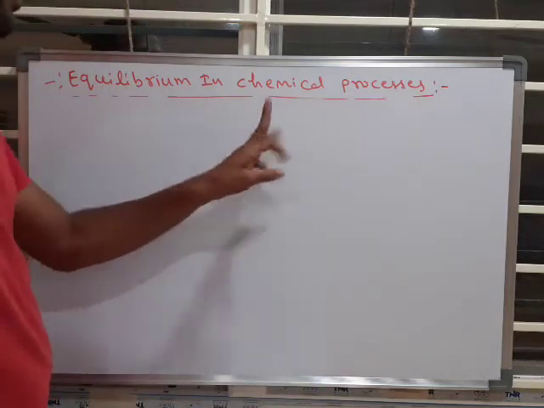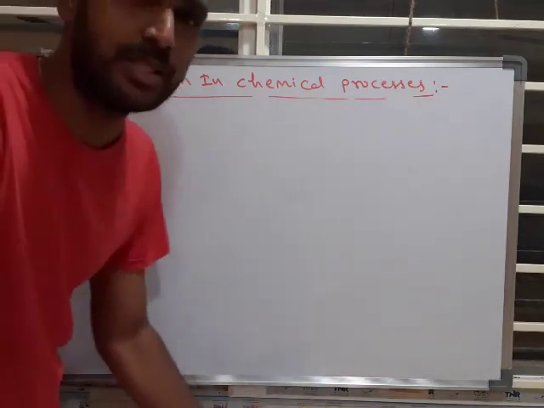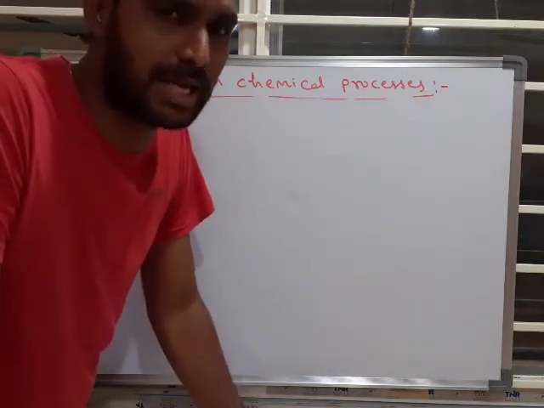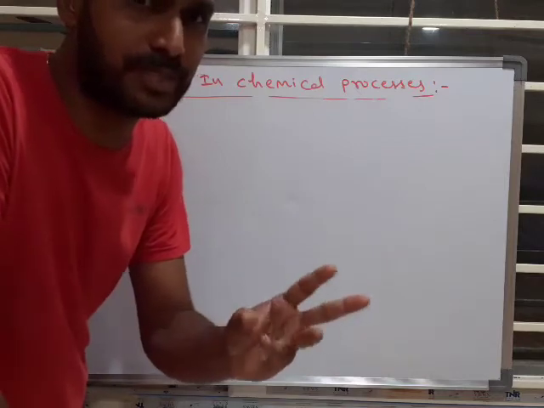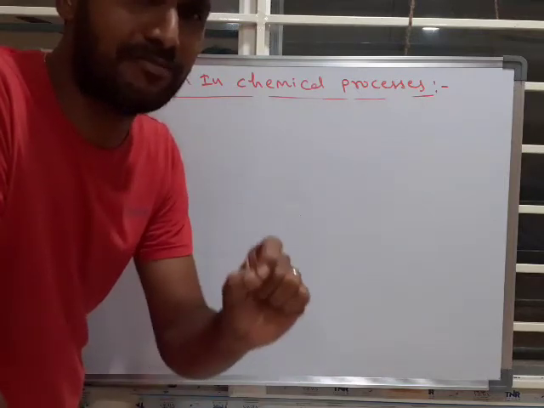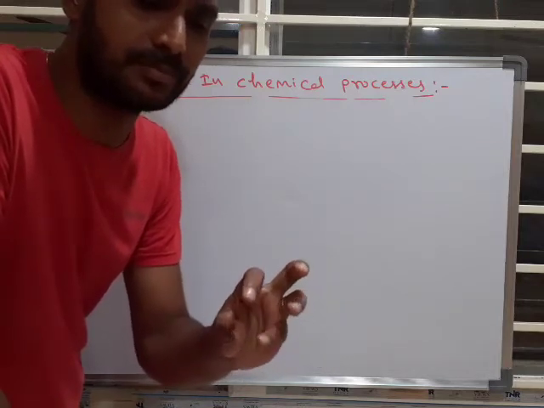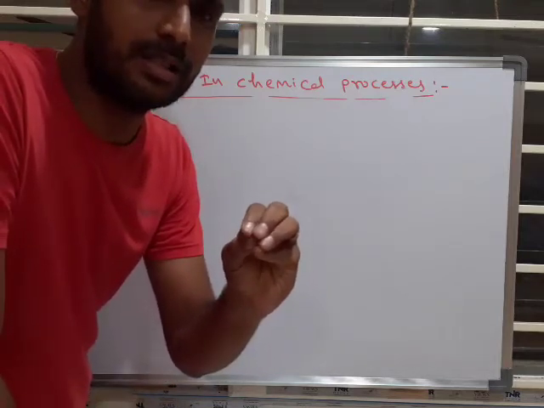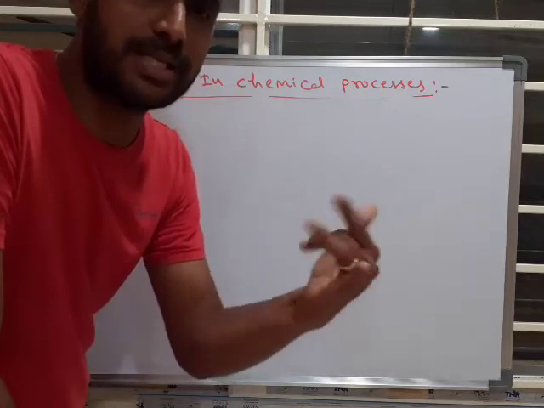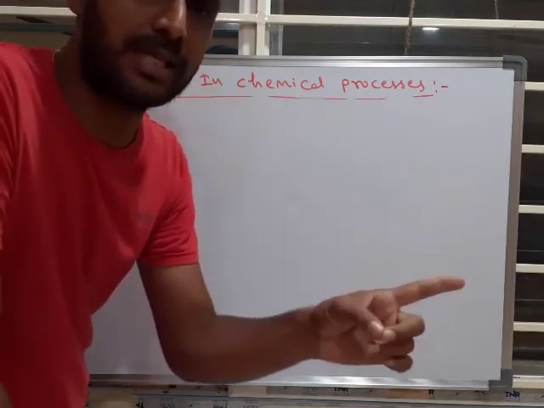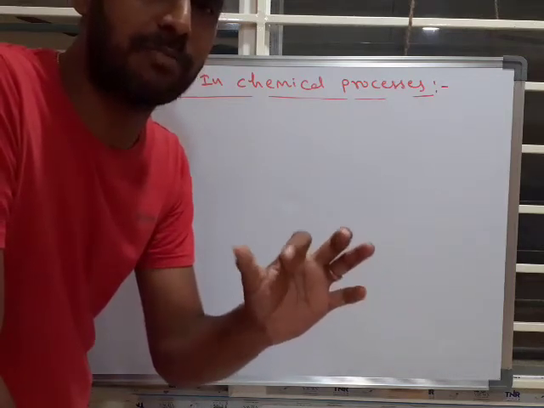So equilibrium in chemical processes. Already we know the reactions, based on their direction, are of two types: reversible and irreversible. So what is the equilibrium condition? Equilibrium condition means the rate of forward reaction is exactly equal to the rate of backward reaction.